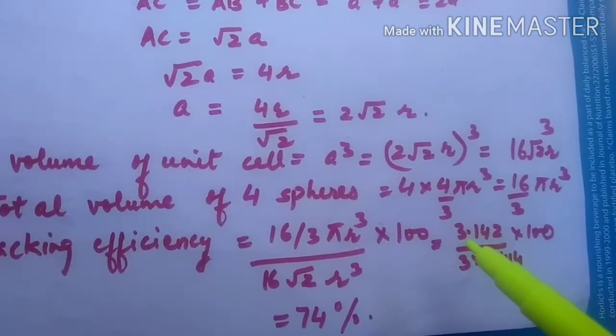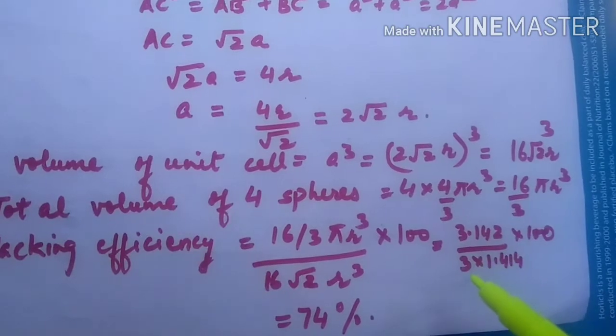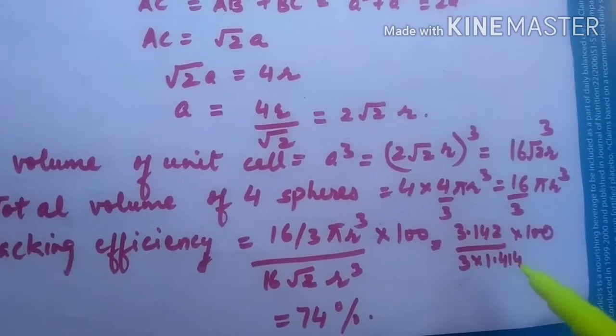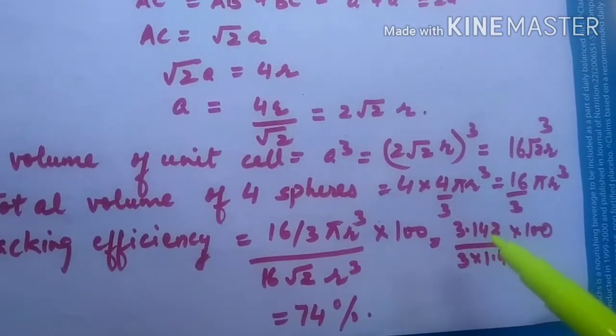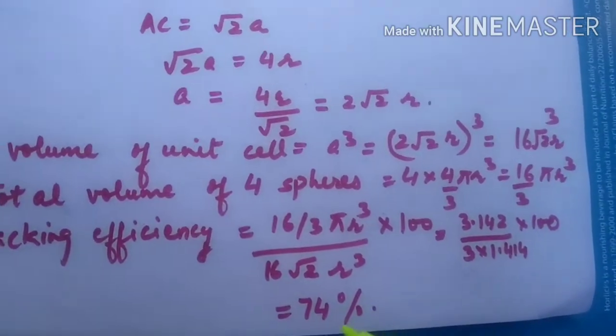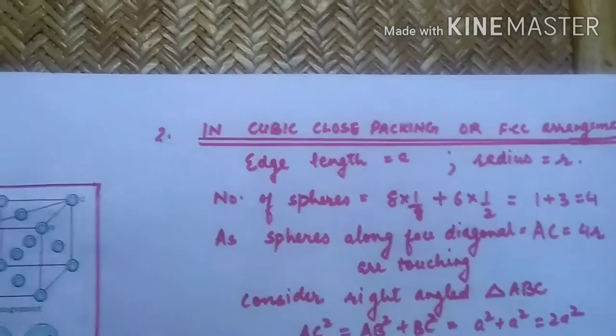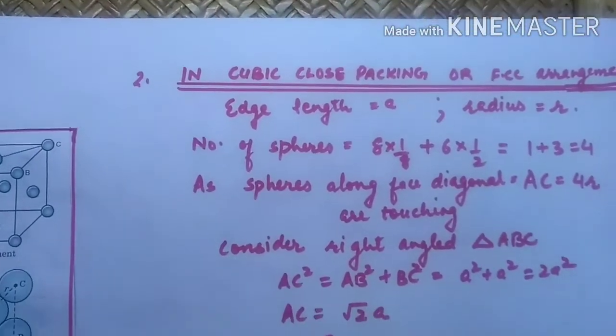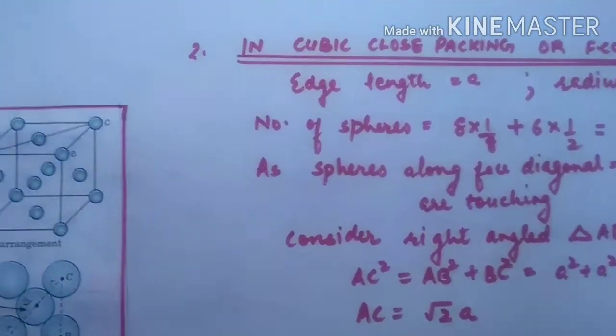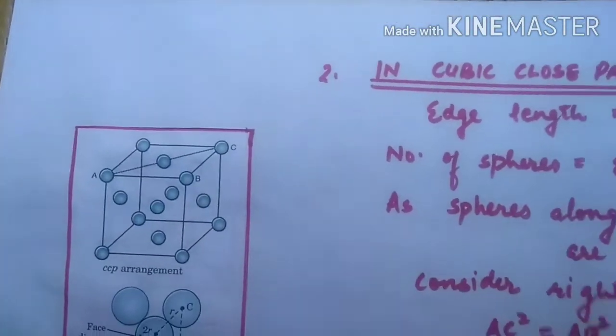So the value of pi is 3.142 and the value of root 2 is 1.414. On solving, we get 74%. So in cubic close packing, the packing efficiency is 74%, quite efficient as compared to the simple cubic unit cell.